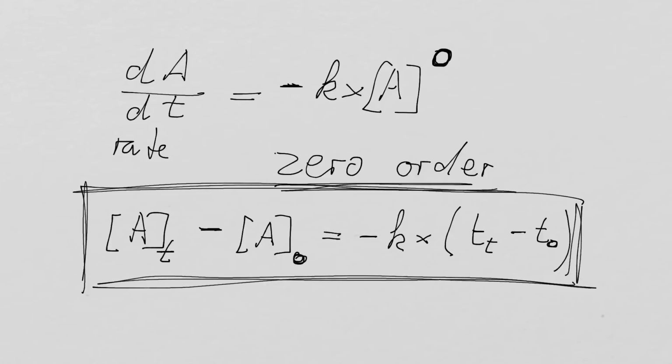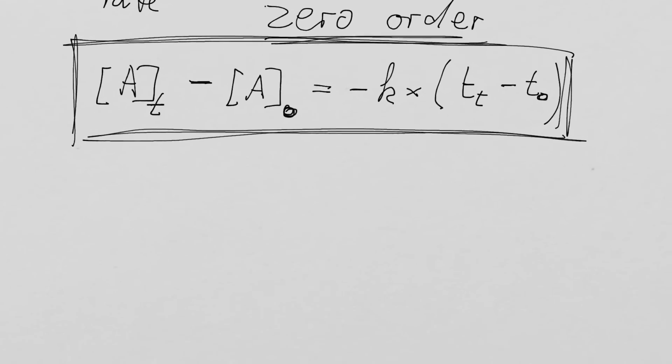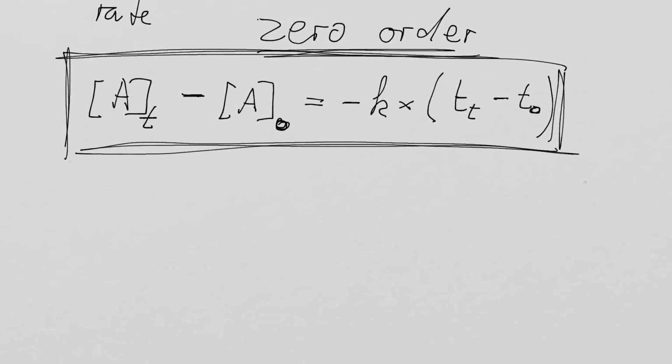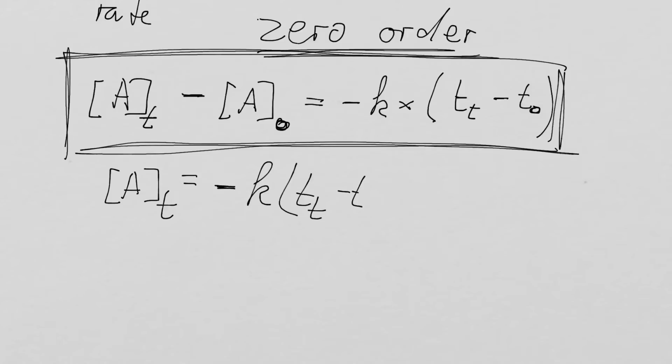And if that looks weird to you, I can write this in a slightly different format. I can write this as A_t equals minus k times (t minus t_0) plus the concentration at the start.